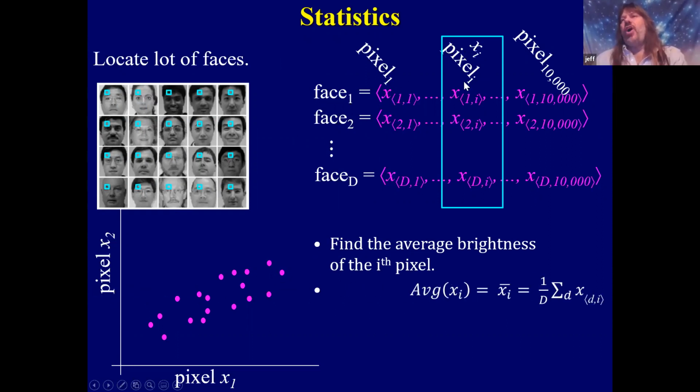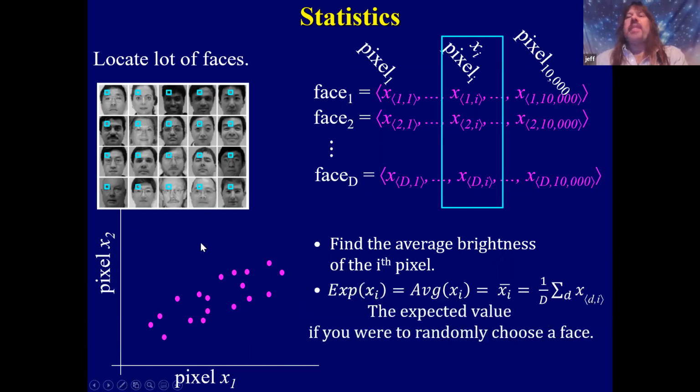So we take this column, sum them all up and divide by the number of faces. We're summing up the brightness of all the ith pixels and saying, what's the average brightness of the pixel? That's how bright that pixel is.